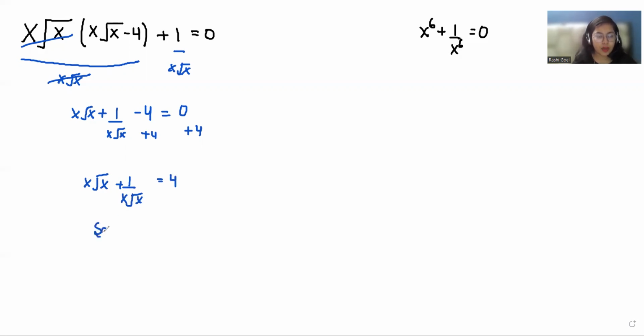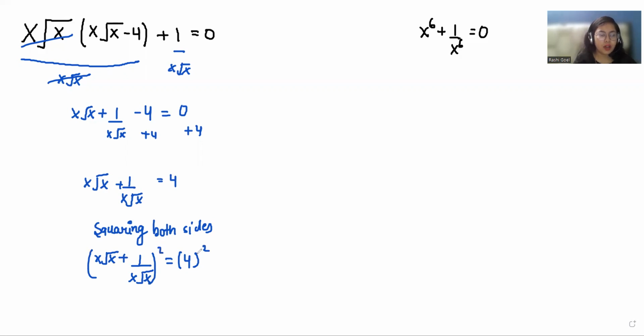Now I'm squaring both sides. So x under root x plus 1 over x under root x, whole square, is equal to 4 square. Here I'm going to use the very famous identity, that is (a plus b) whole square is a square plus b square plus 2ab.